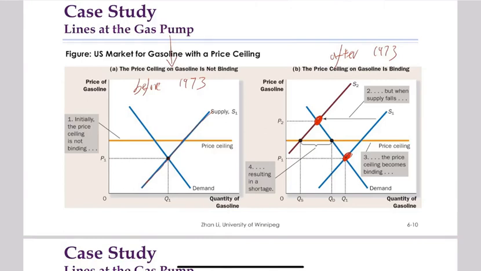So in this case, there would be shortages. That's why the quantity demanded is larger than quantity supplied. And that's also why you would see long lines of drivers in the US waiting for gas back in the 1970s.